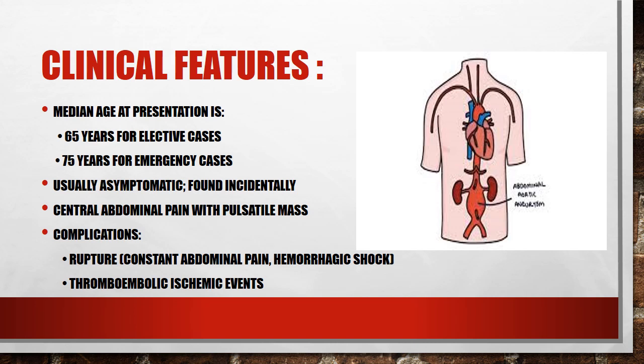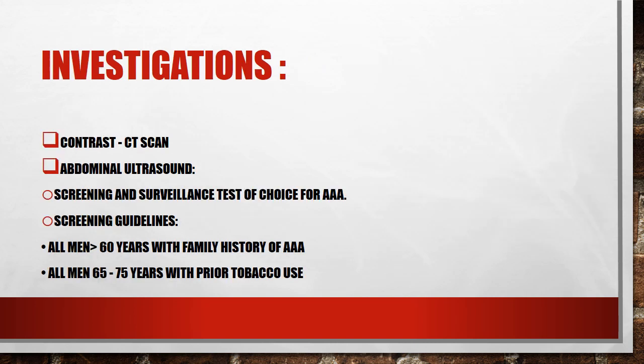Thromboembolic ischemic event is another complication of abdominal aortic aneurysm, and it presents with lower limb and mesenteric ischemia. Other complications include renal failure and death. The investigation that is required is contrast CT scan.